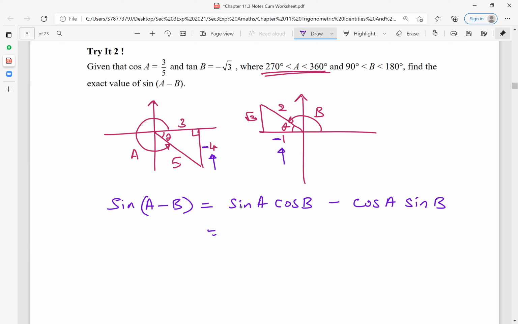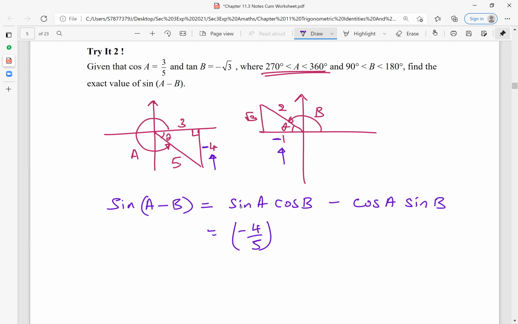So what is sine A, guys? Negative 4 over 5. Negative 4 over 5, correct? What is cosine B? A over H. Someone else? Ryan?